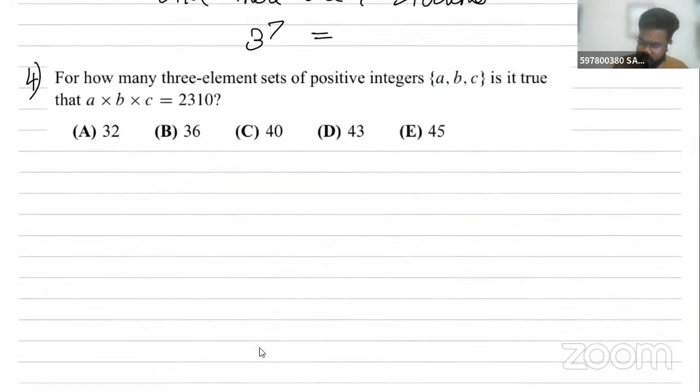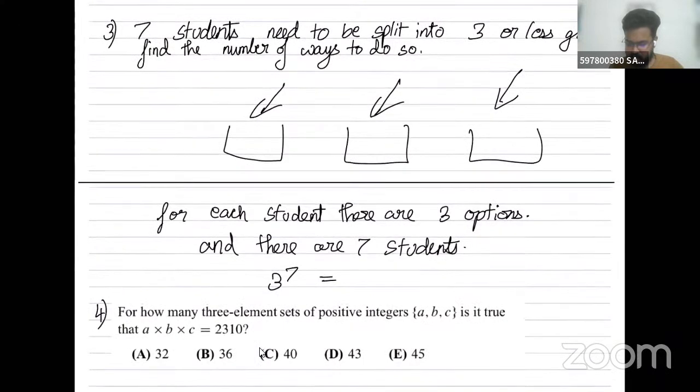Okay. Now try out this question. Question number 4. It's along the same lines. You need to think along the same line, is what I'm saying.